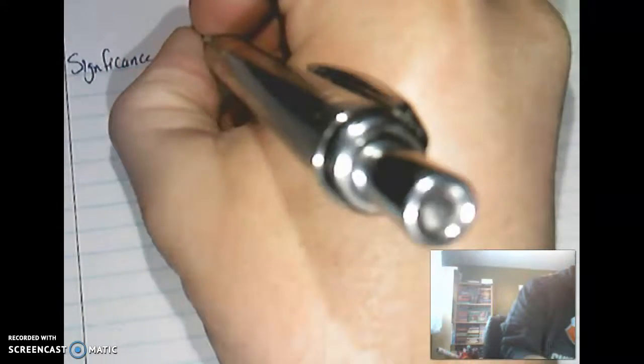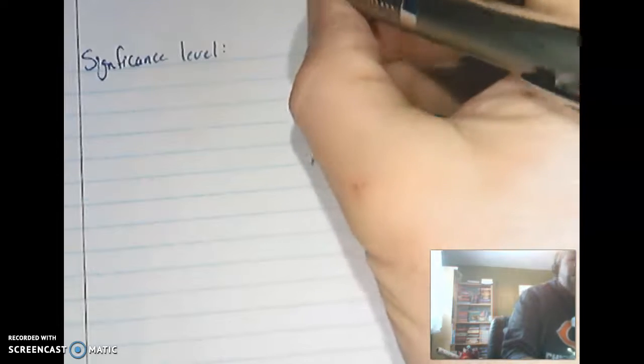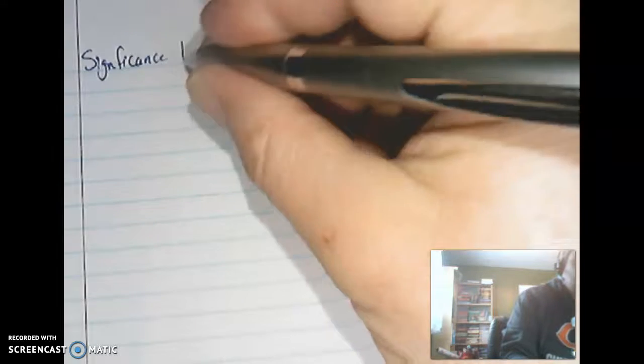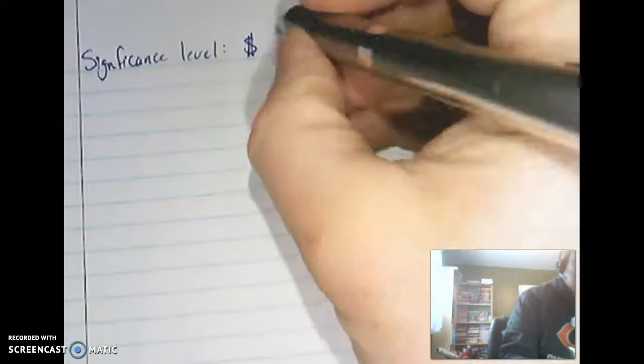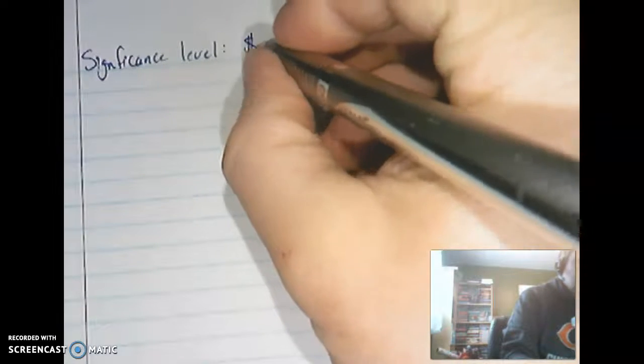So the first one was our significance level. Now we know that death is not part of this, even though, jokes aside about dying of math, we're not going to really die. But the thing that's going to influence us is the fact that it's expensive. It's going to cost a lot of cash.